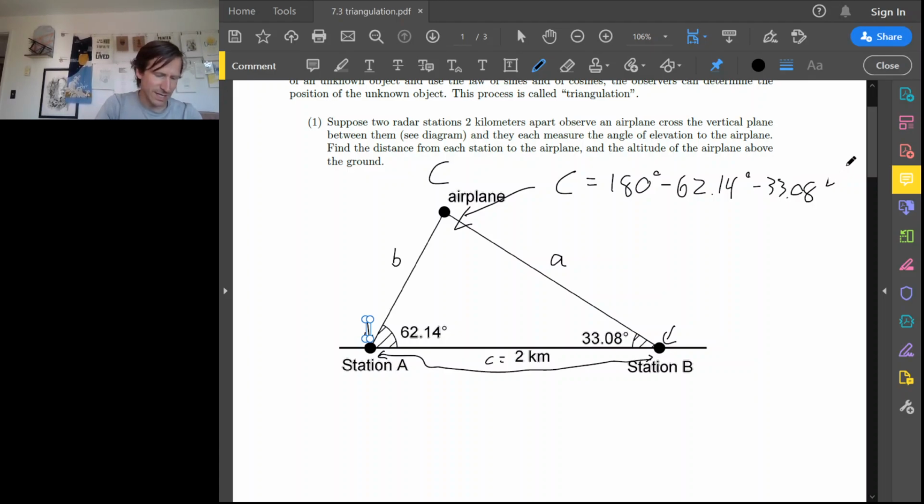So that is 180 minus 62.14 minus 33.08, 84.78 degrees. Okay. And now the only things left to find are the sides, A and B.